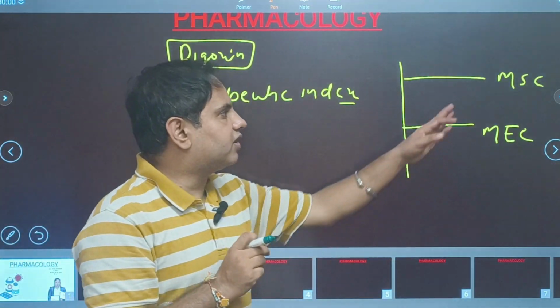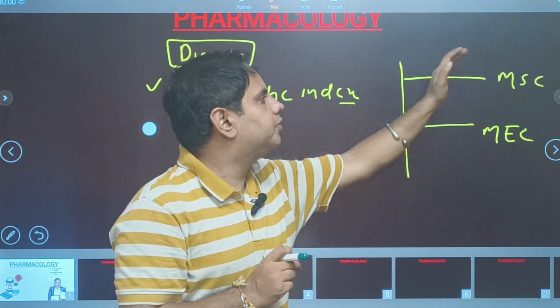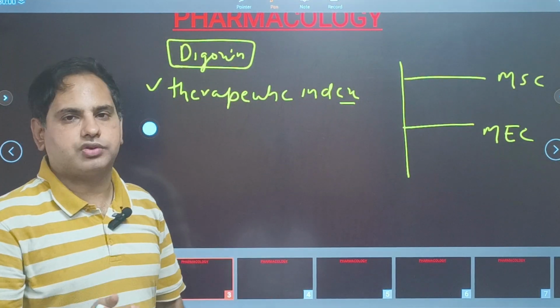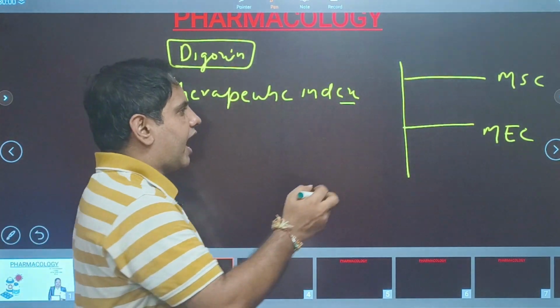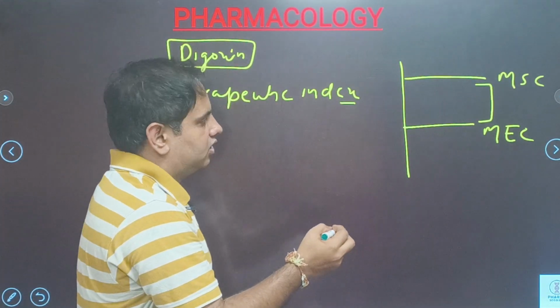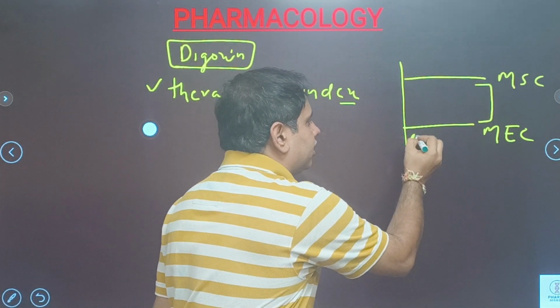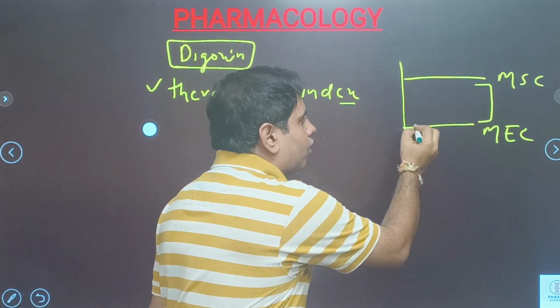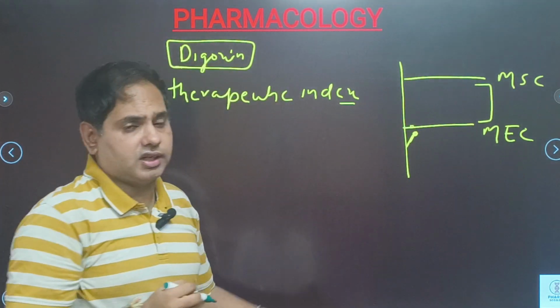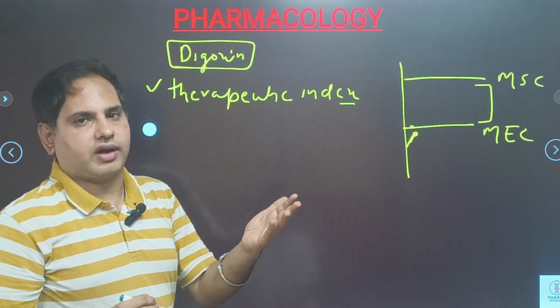Maximum safe concentration means that if the drug goes beyond it, it will produce a toxic effect. So the drug has to be in this range. If the concentration is below the minimum effective concentration, you will not get the effect.